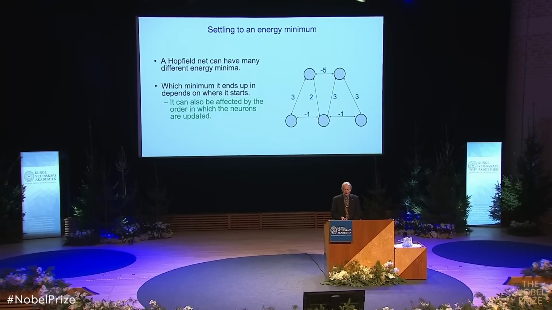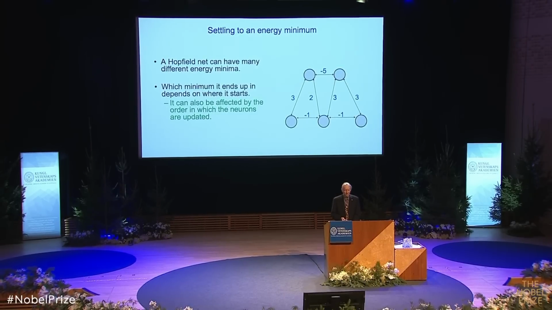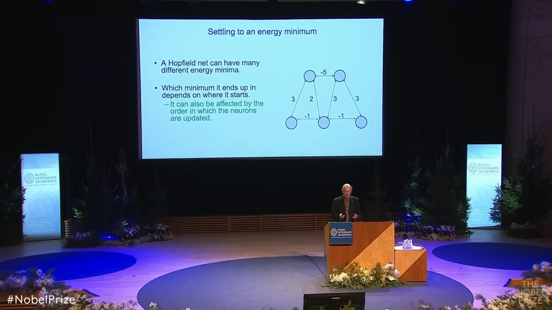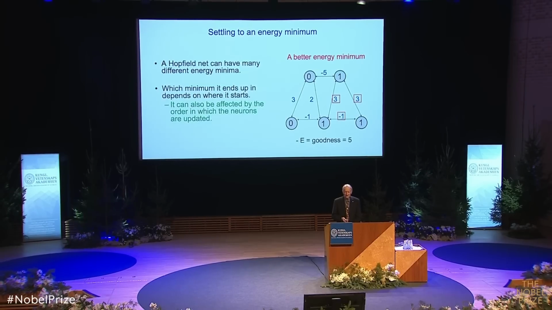A Hopfield net can have many energy minima, and where it ends up depends on where you start it, and also on the sequence of random decisions you make, the sequence of random decisions about which neuron to update. So that's a better energy minimum. Now we've turned on the triangle of units on the right, and that's got a goodness of 3 plus 3 minus 1 is 5, and so an energy of -5, that's a better minimum.